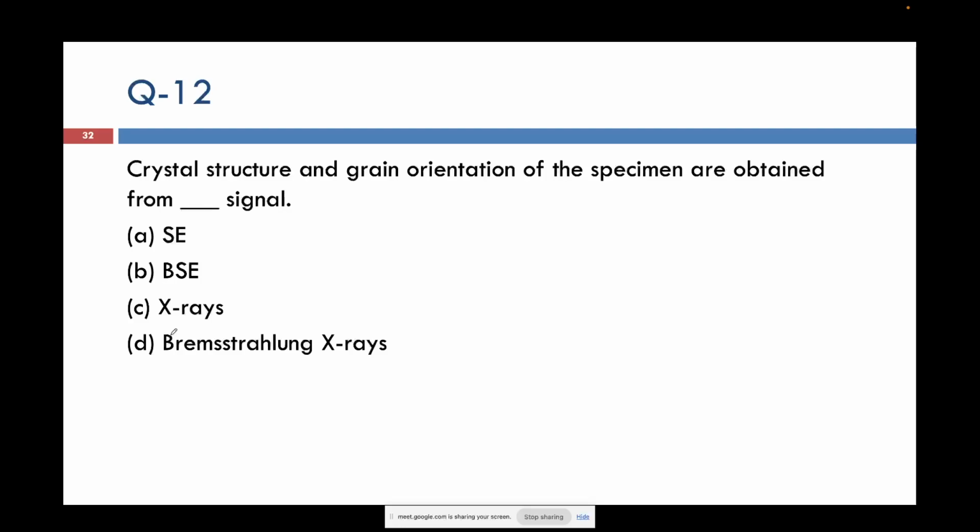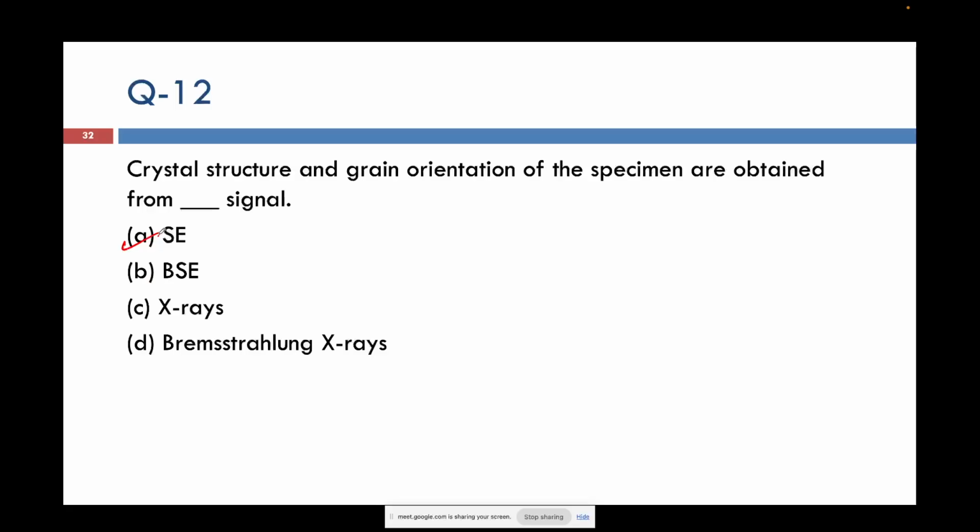Grain orientation. Okay, any more answers? E, sir. Okay, AC signal. Okay, C, X-rays. Crystal structure and grain orientation. It will be A, I think. Yes, A. So the answer will be A. Crystal structure and grain orientation.